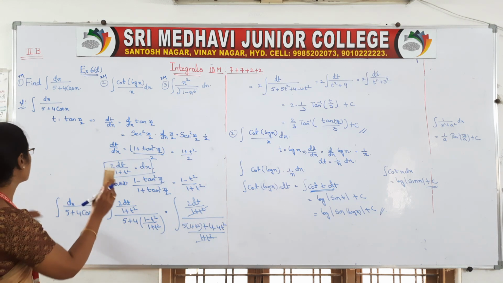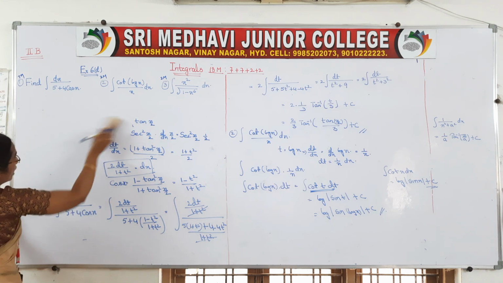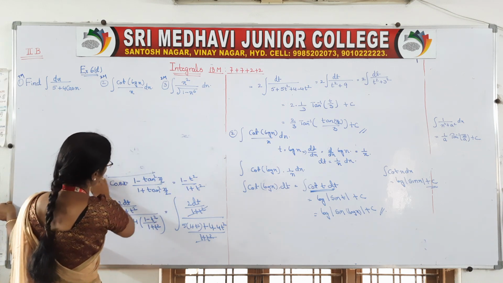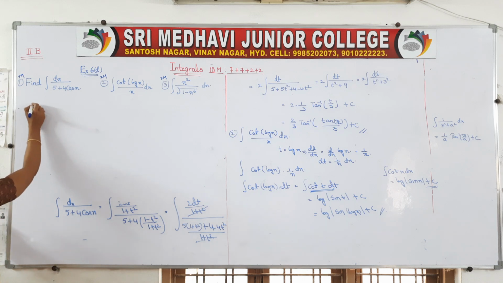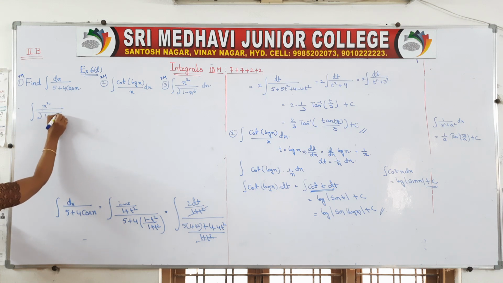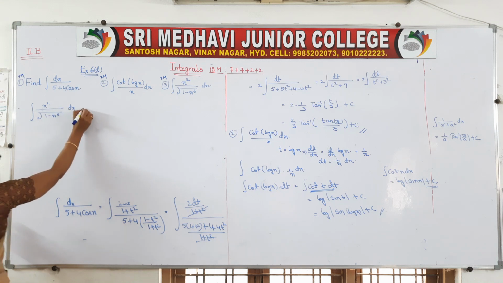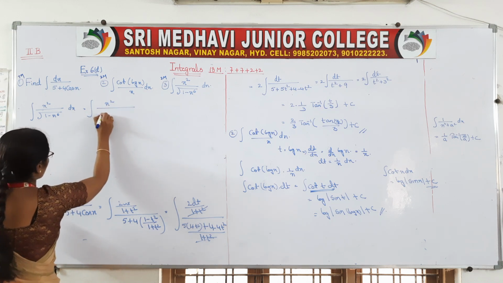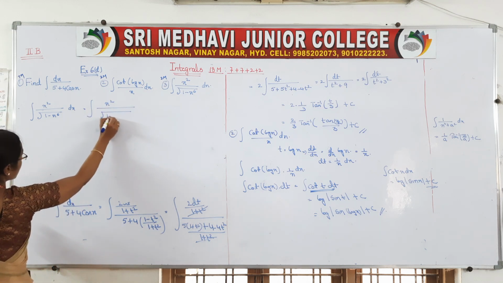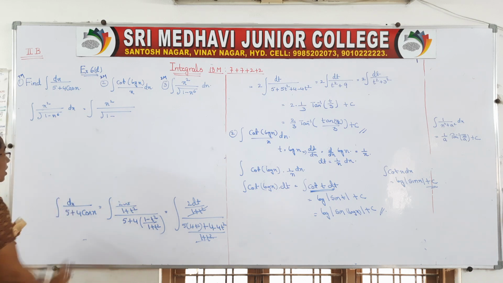Okay, now come to the third question. The third question again is a 2 marks question. So what is the question? It is find the integral of x square by root of 1 minus x to the power of 6 dx. So it is equal to x square by root of, come on, how can we write this x to the power of 6?